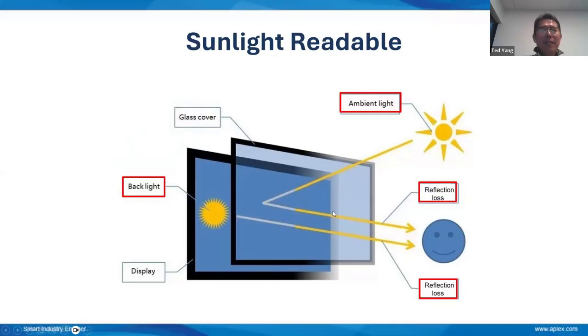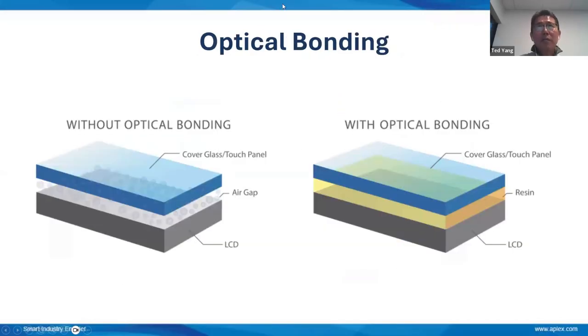That makes optical bonding so important when your system wants to be sunlight readable and you want it to be an outdoor system. Optical bonding becomes very important. But what is optical bonding? Look on the screen. This is without the bonding. This is with the optical bonding, and this is a touch glass.